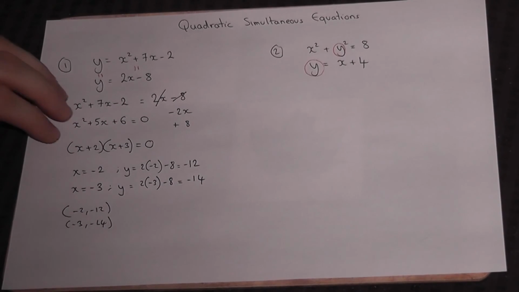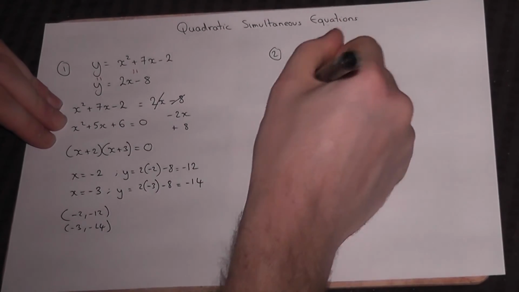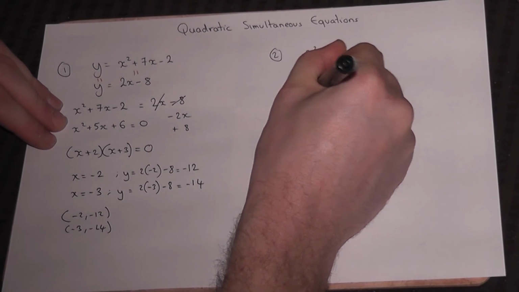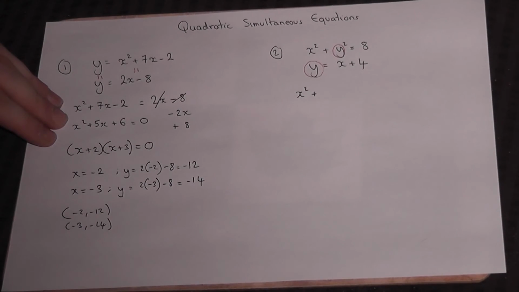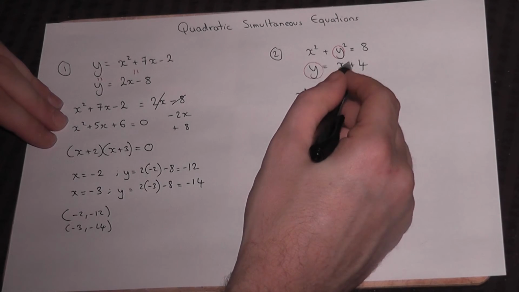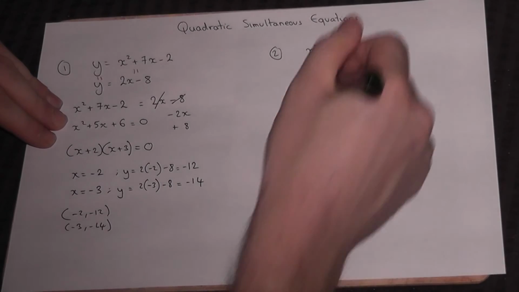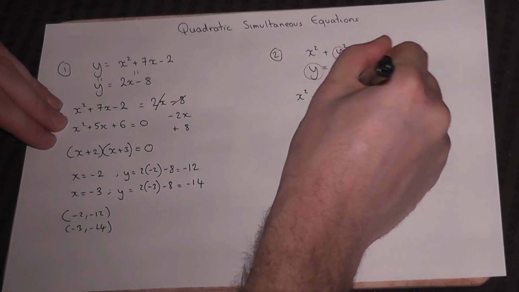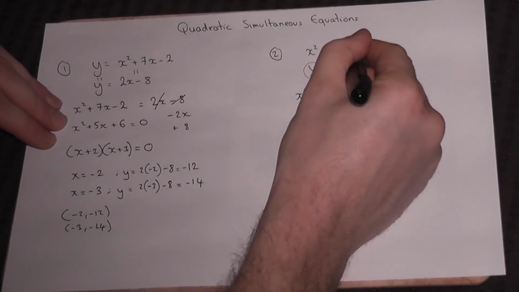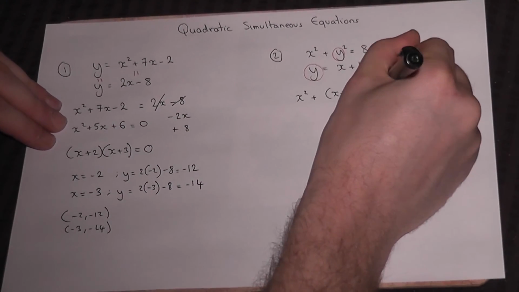So if we look at the first equation, we have an x squared plus a y squared. But we know that y equals x plus 4. So I can replace this y by an x plus 4. So we get an x plus 4, where the y was, but it's squared. And this must equal 8.